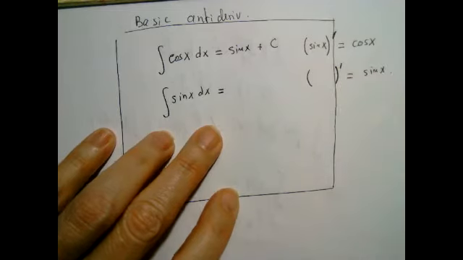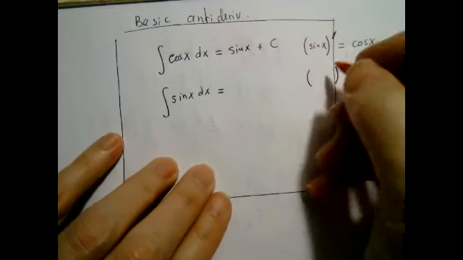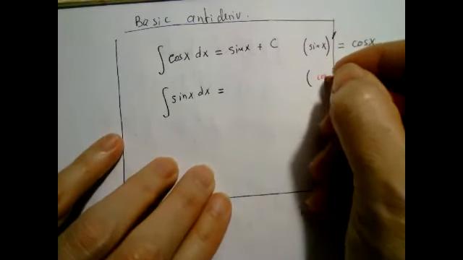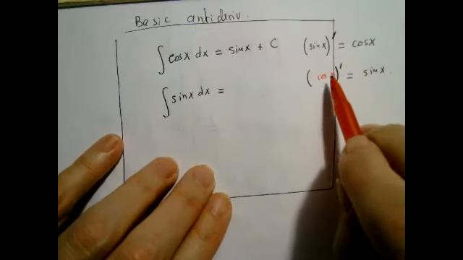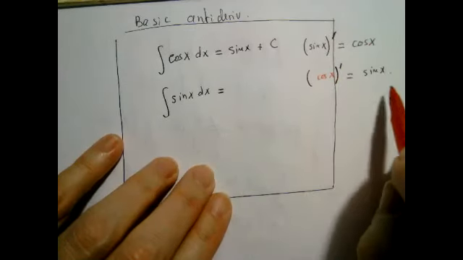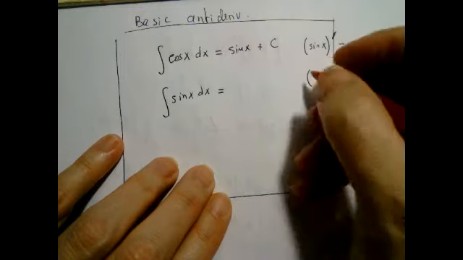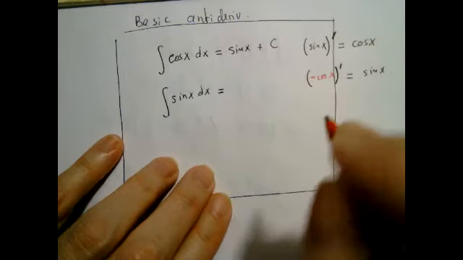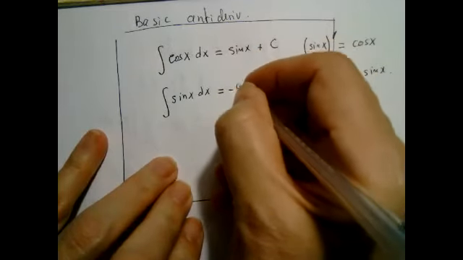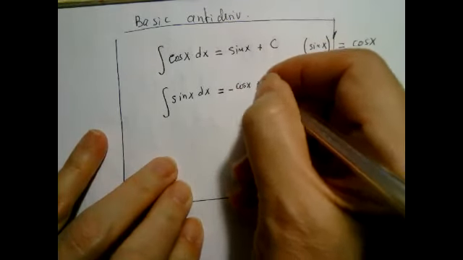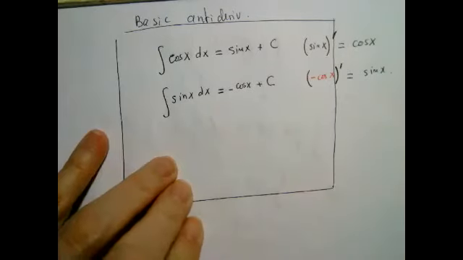Now, of course, it has to be the cosine, because only the cosine will give you the sine, but the derivative of cosine is minus the sine. So to compensate for that, I need the minus in here. So the antiderivative of sine is minus cosine plus c.